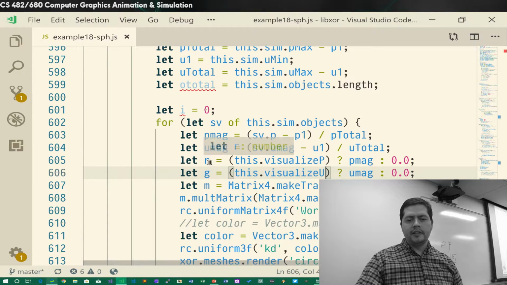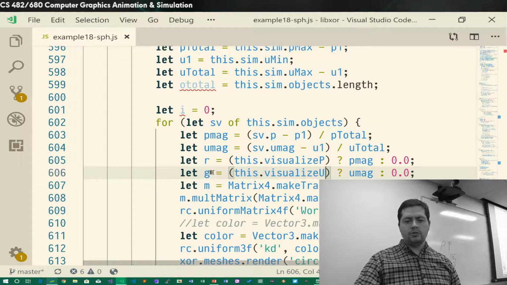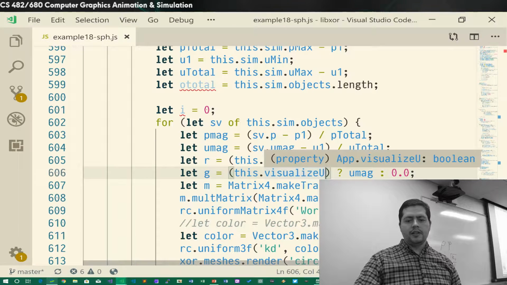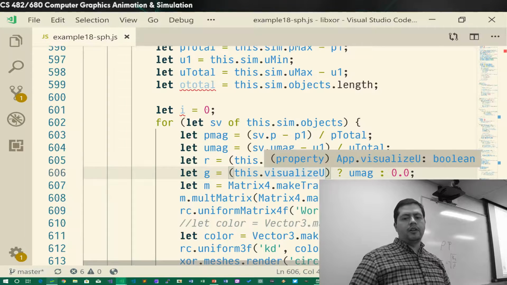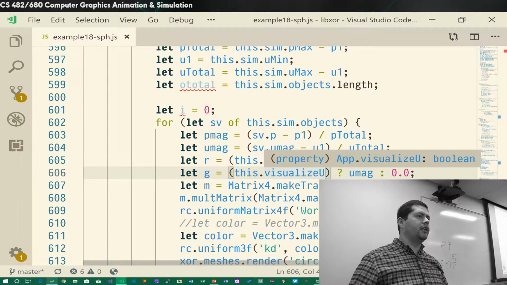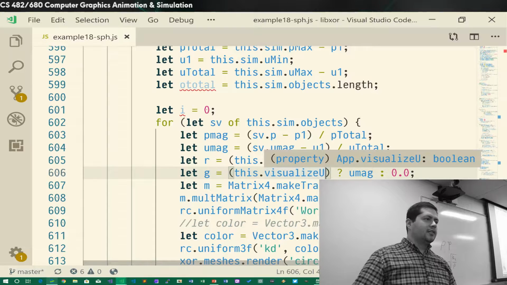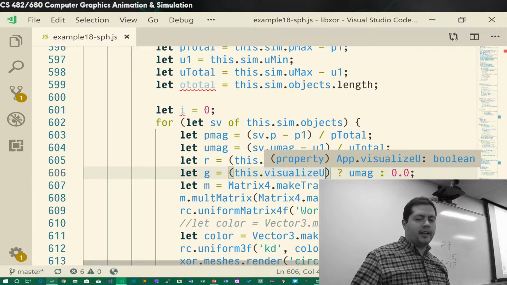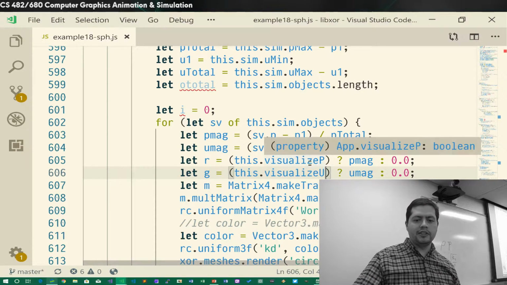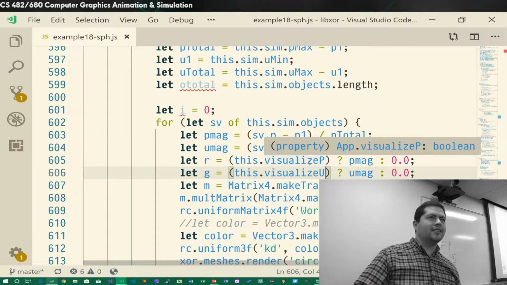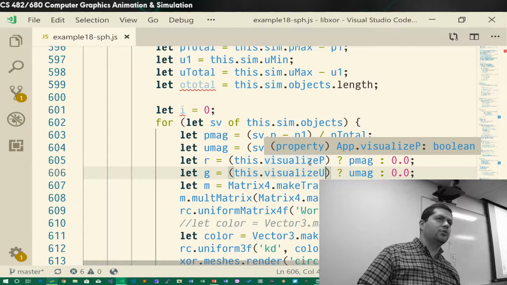Red is mapped to pressure, green is mapped to velocity. If we are hitting maximum velocity, then we will see green and blue, which is cyan.